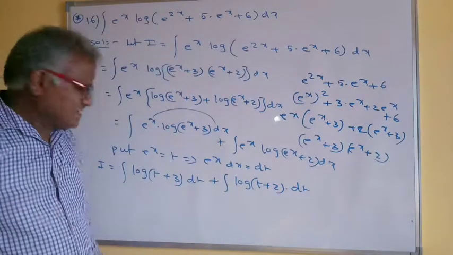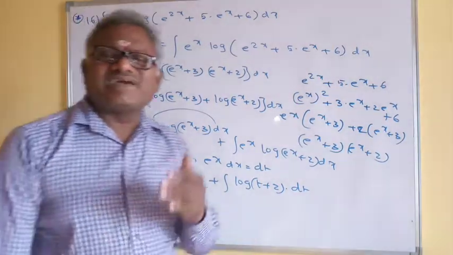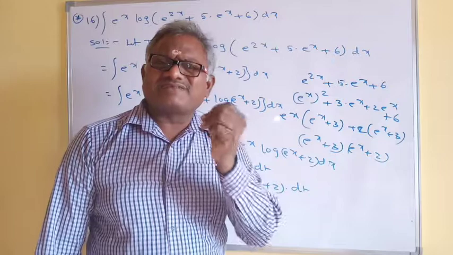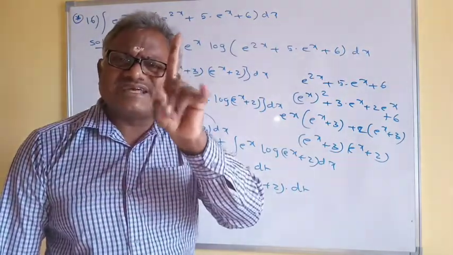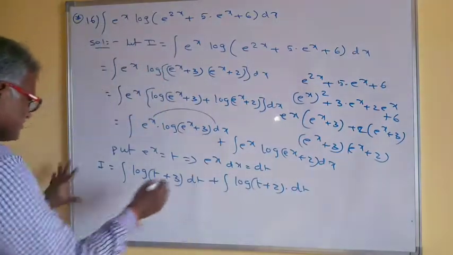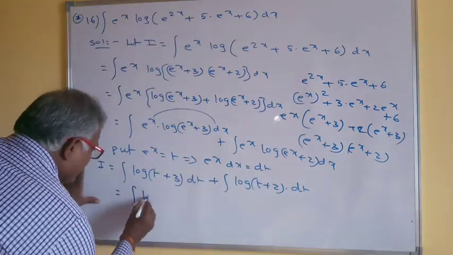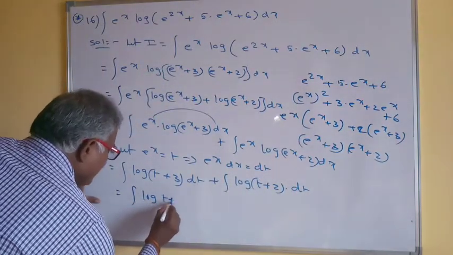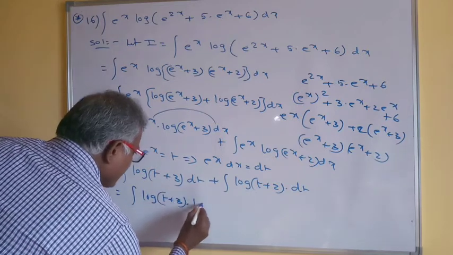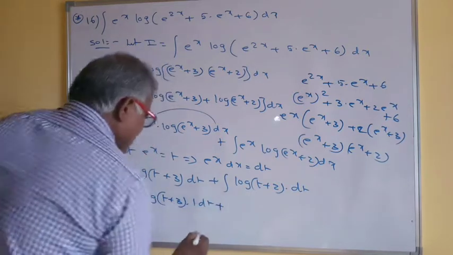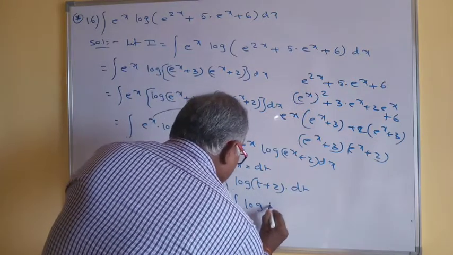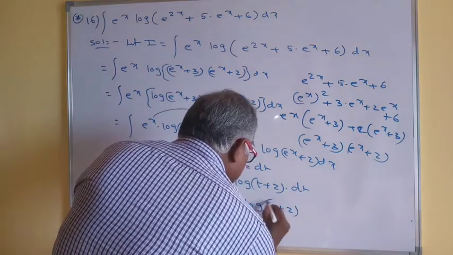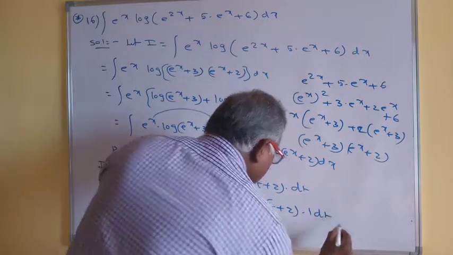So here, whenever logarithm functions or inverse functions will be there, directly you have to select the second function as unity 1. So write down log of t plus 3 into 1 dt plus integral log of t plus 2 into 1 dt.